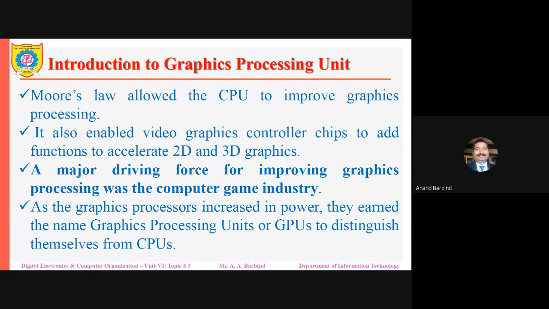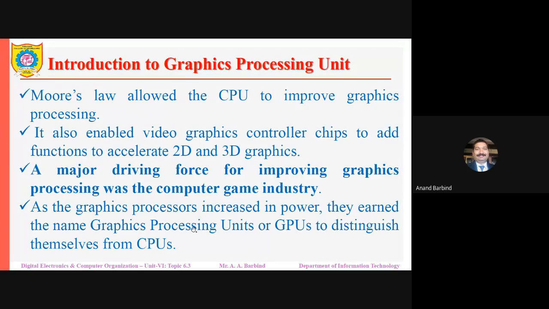The responsibility of the GUI, that is graphical user interface, of the computer is given to the GPU, so that the CPU can do its other work. So the GPU and CPU work together.